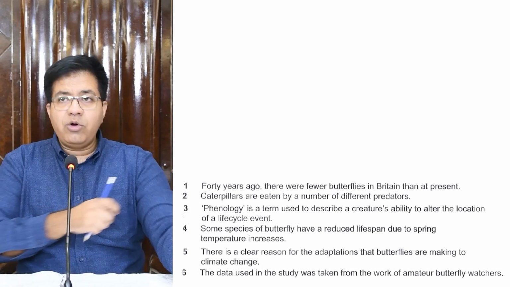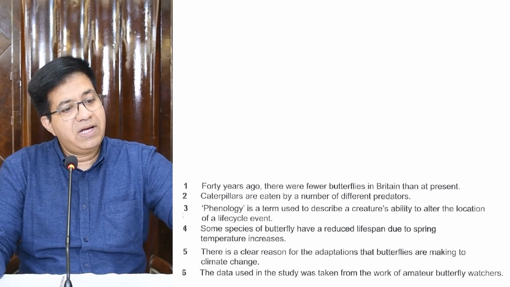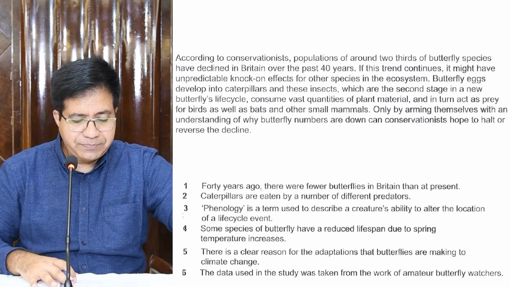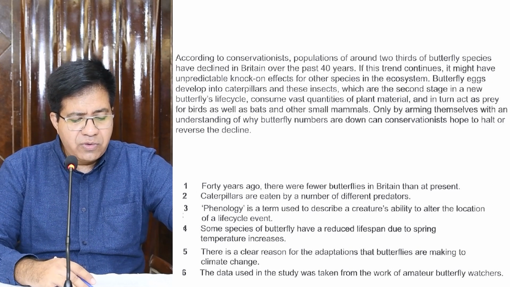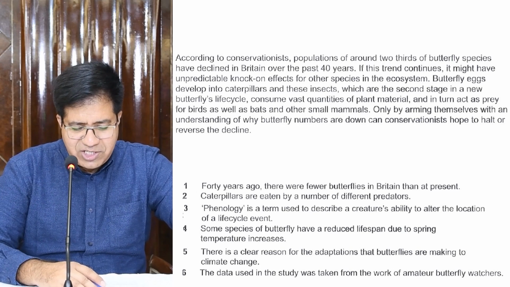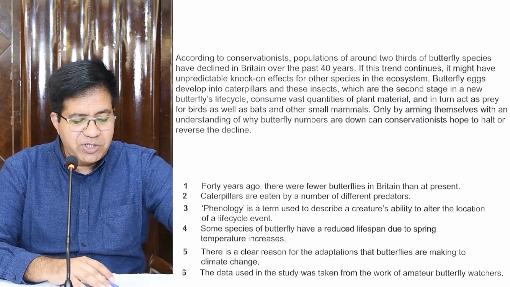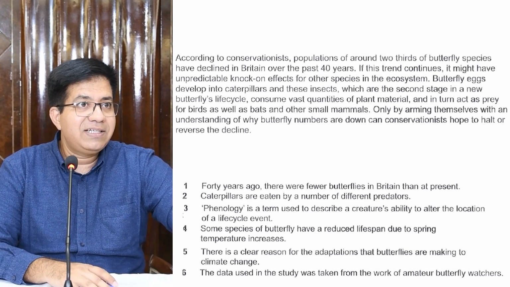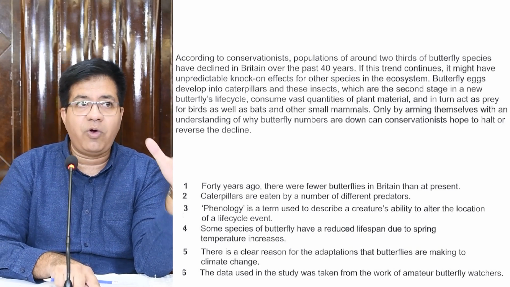Now we come back, look for the word 40 years. 40 years. First paragraph, exactly. I'm going to read it from the first line. According to conservationists, populations of around 2/3 of butterfly species have declined. Populations have declined in Britain over the past 40 years.